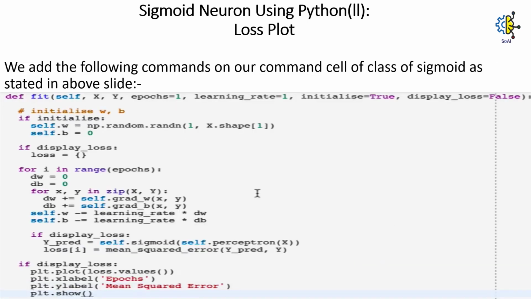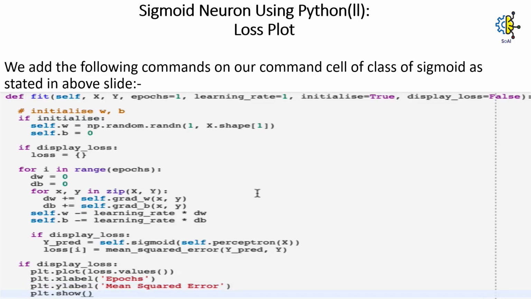Loss plot. We add the following commands on our command cell of class SigmoidNeuron as stated in the above slide. Here, this is the fit function with parameters self, x, y, epochs equal to 1, learning_rate equal to 1, initialize equal to True, and display_loss equal to False. After that, we initialize w, b. This is what we studied in the previous slides, but now we go through it for better understanding.